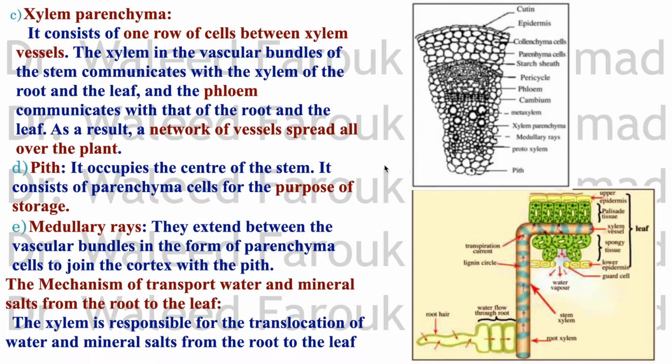The mechanism of transport of water and mineral salts from the root to the leaf is through the xylem system. So we now know what the xylem is made of. It is made of all the layers that we studied before, including xylem parenchyma, pith, and medullary rays.